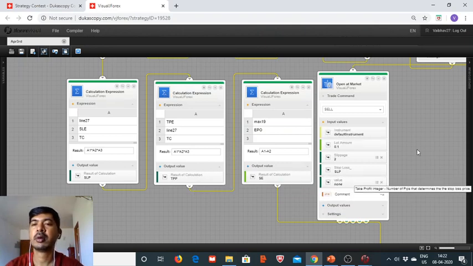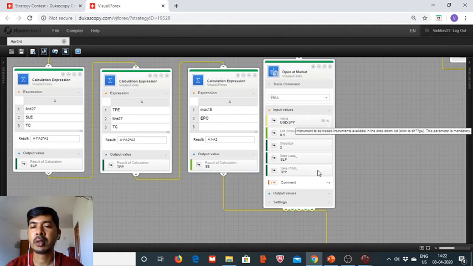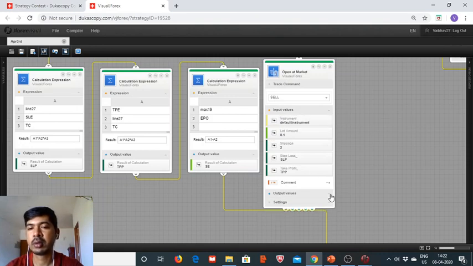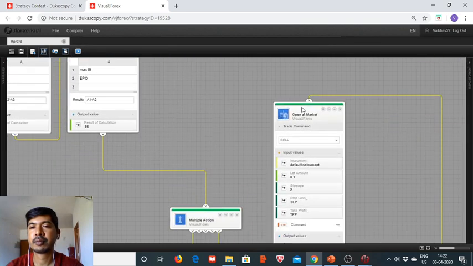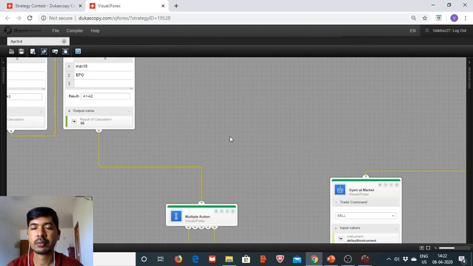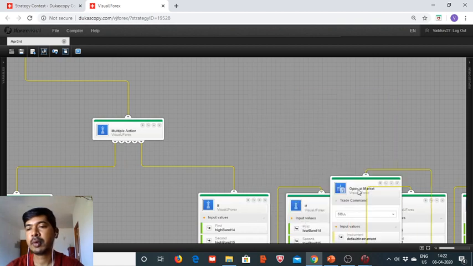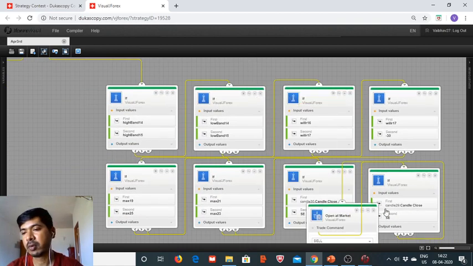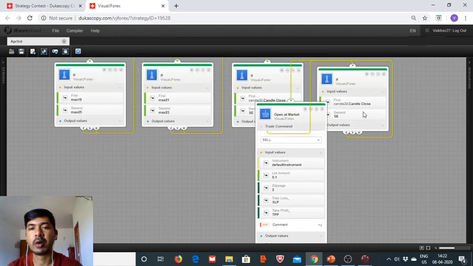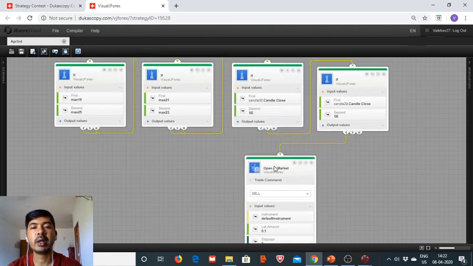So here it's looking good. Let's see. We will do test run, and if it's fast enough we can do it for even many days or weeks.